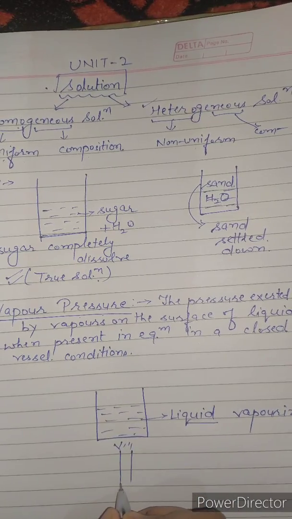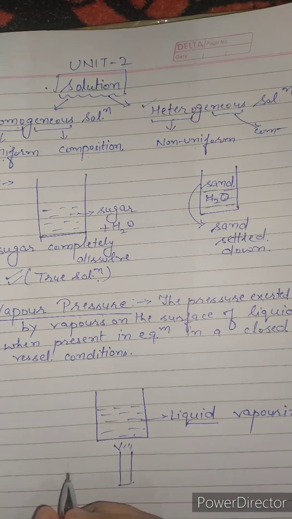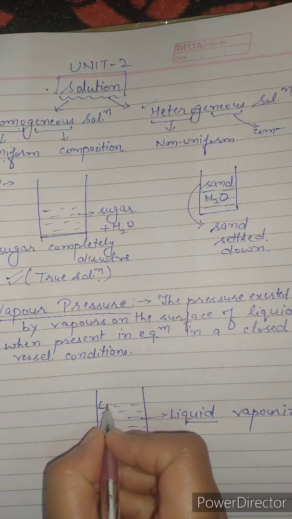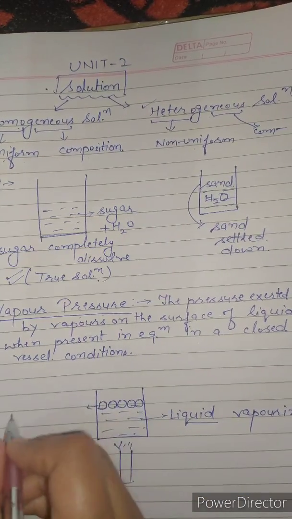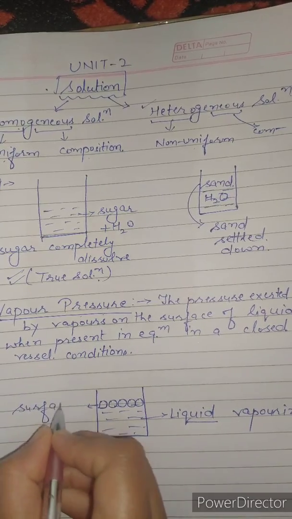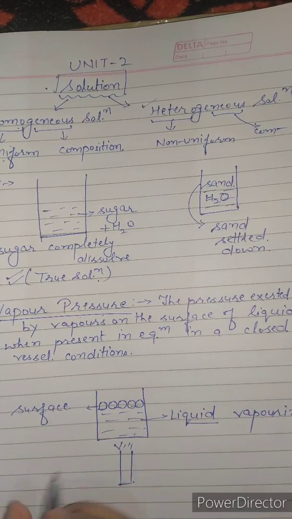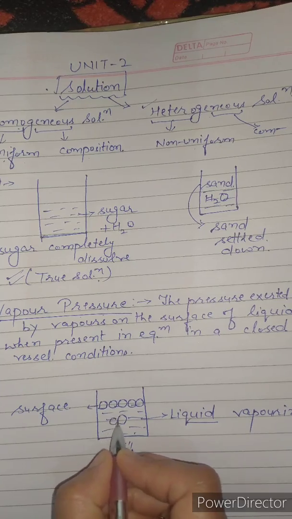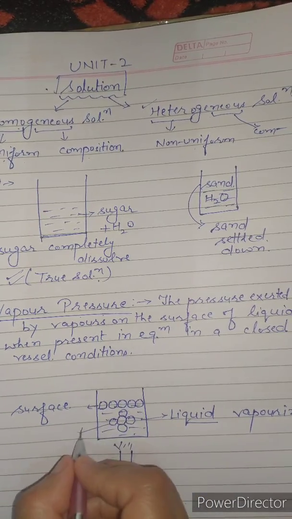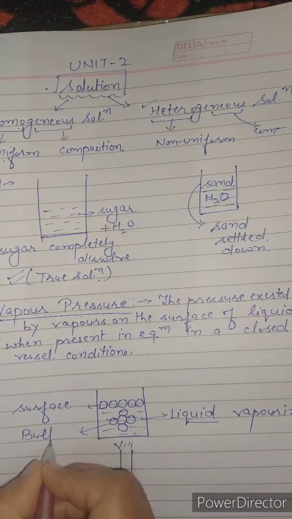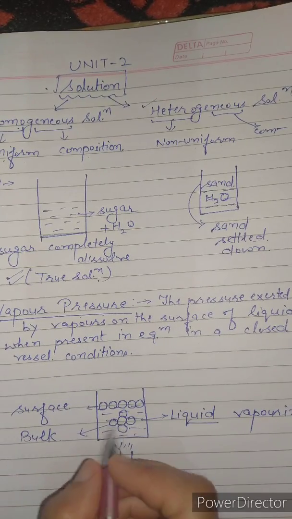We heat that liquid, then what happens? The molecules present on the surface are known as surface molecules, and the molecules present in the center are known as bulk molecules.